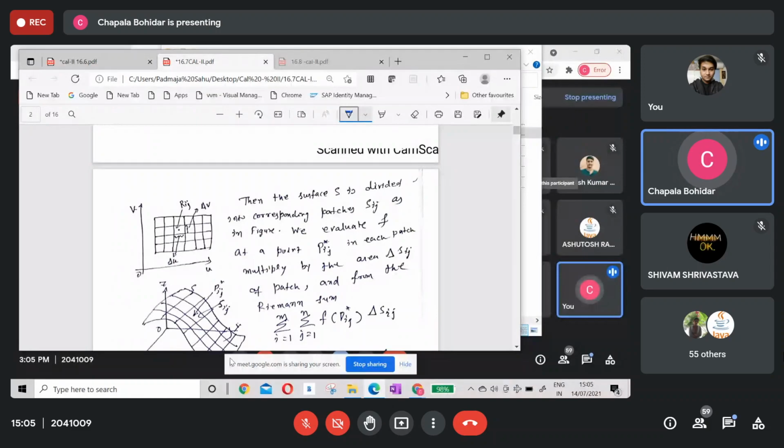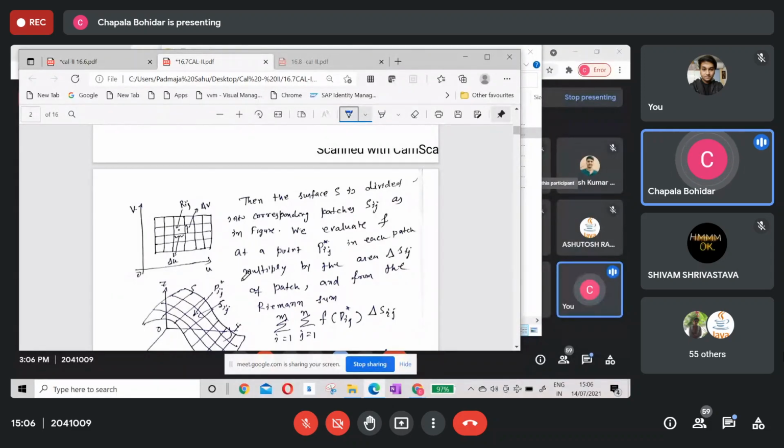Similarly, we divide the surface, with i from 1 to m and j from 1 to n, and this small rectangular patch of surface is called del Sij, and a point in it is Pij star.